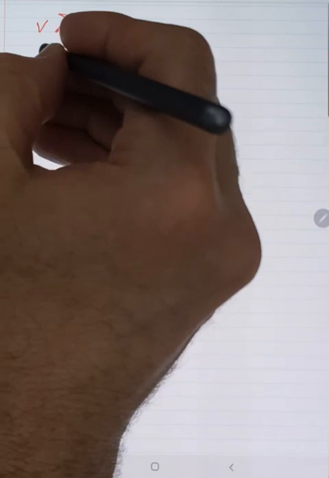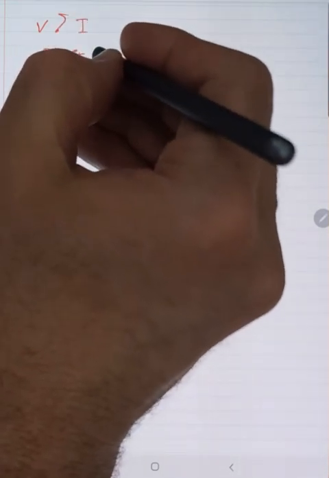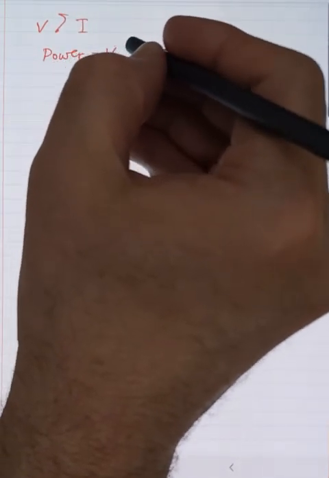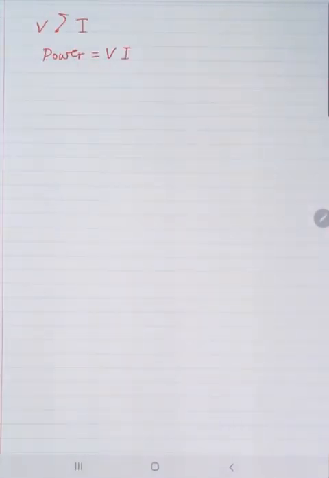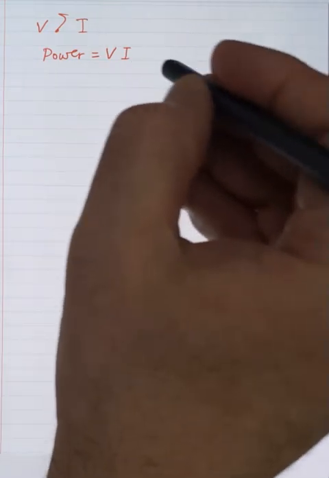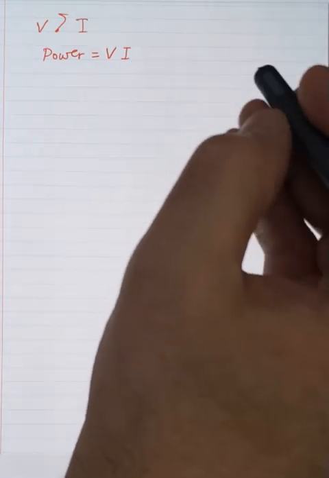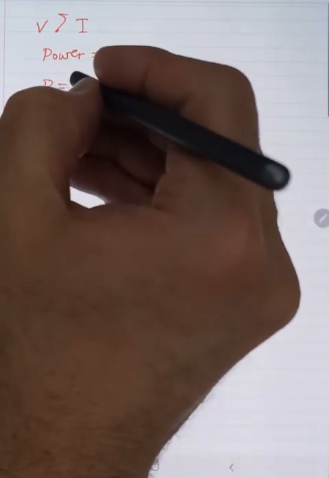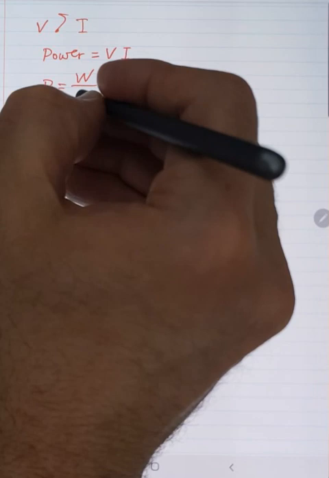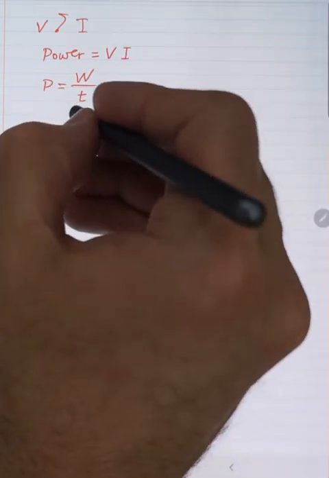Well, we know that, suppose we have a voltage V and a current I, then the electrical power is simply voltage multiplied by current. And we also know from previous lectures that power is work divided by time.